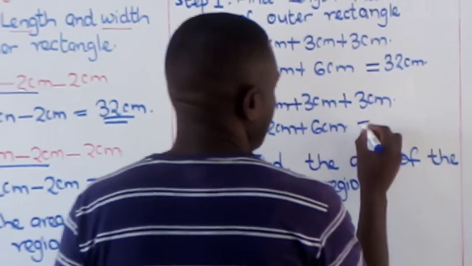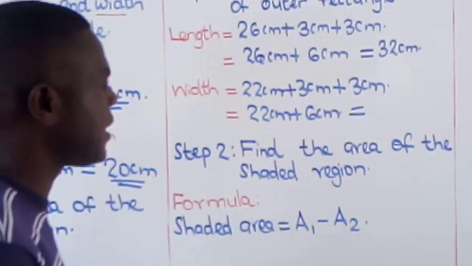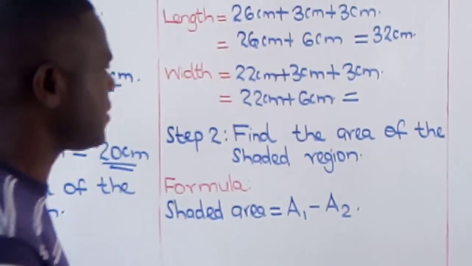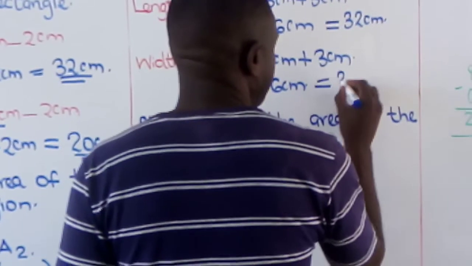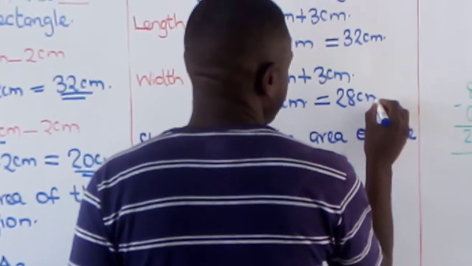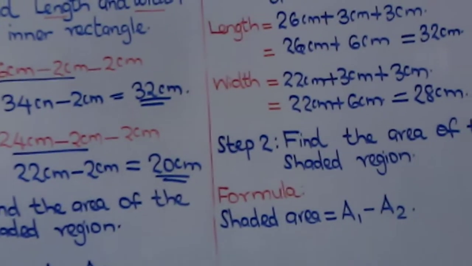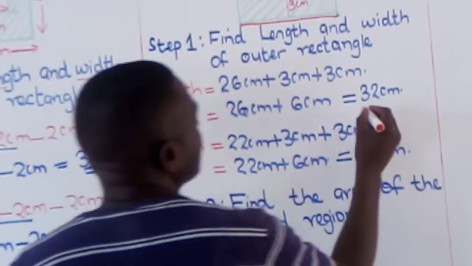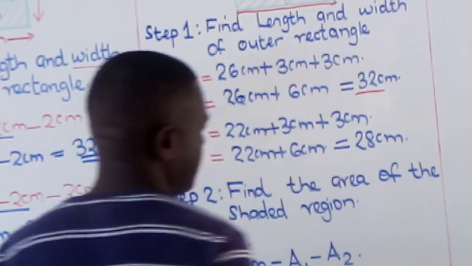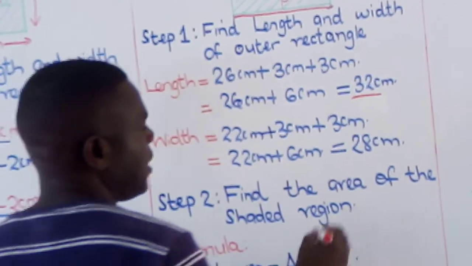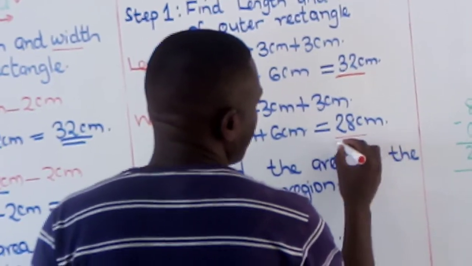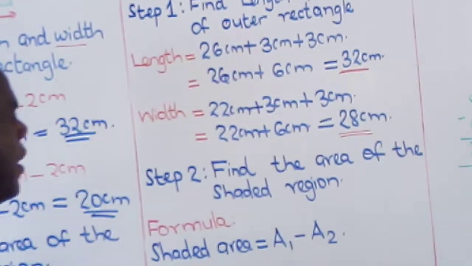Correct. The sum of 22 centimeters and 6 centimeters is 28 centimeters. Boys and girls, this is the length of the outer rectangle and this is the width of the outer rectangle.